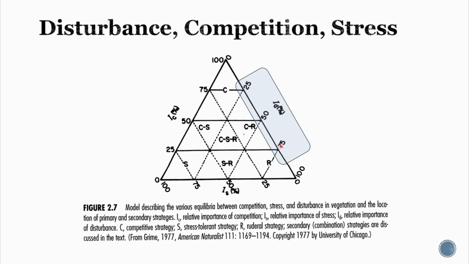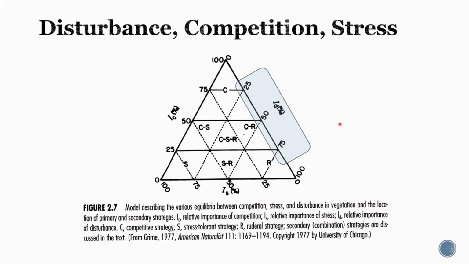So you can see that high disturbance may indicate low stress. What we're going to find is that our low stress, high disturbance species like our annual grasses are going to tend to be found here, whereas some of our other weedy species may be found either in the center or along this competitive continuum as well.